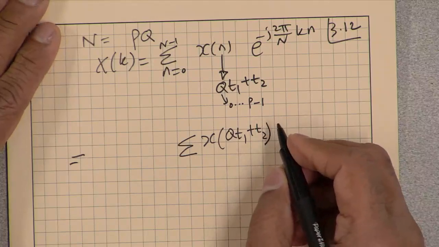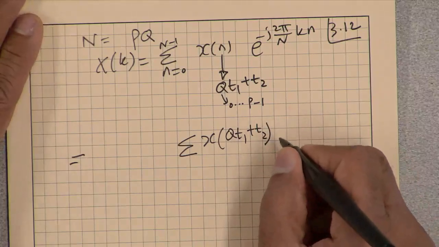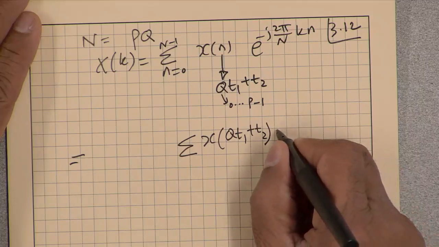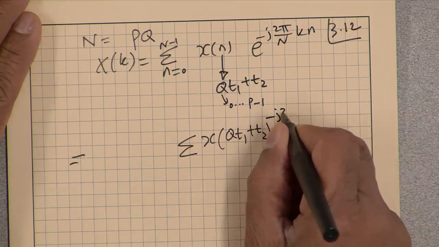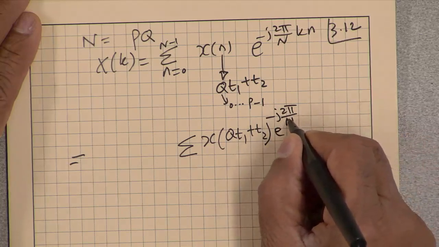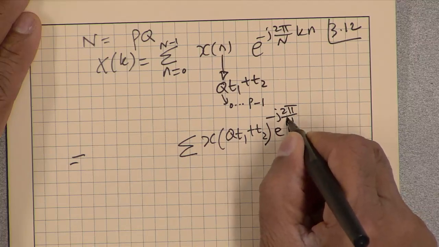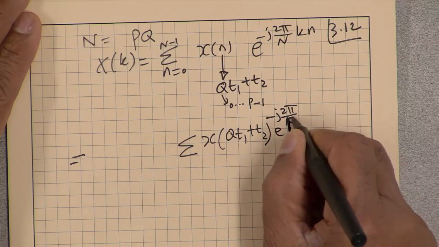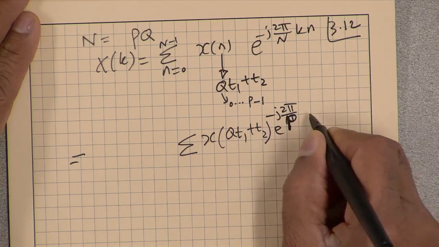So e to the power minus j 2 pi over N, where N is now going to be p, the length will be p point DFTs.